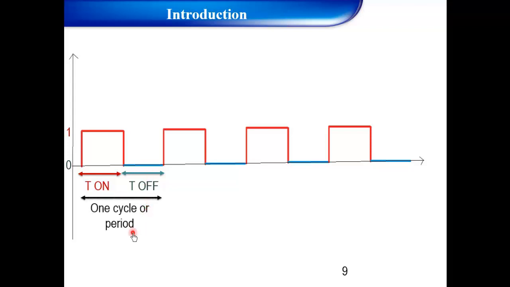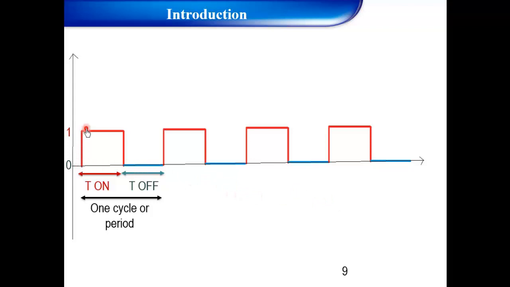One cycle or period. One cycle, I mean T on plus T off. One period, two periods, three periods, four periods. This is a square wave for four periods.